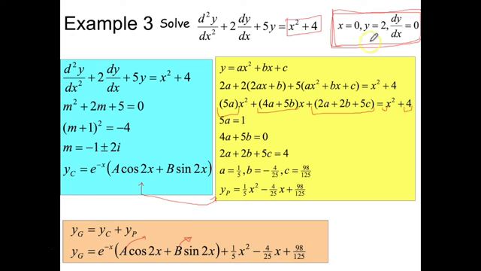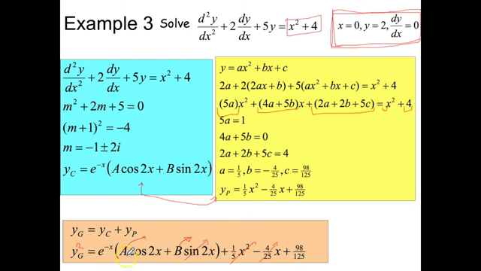First, we are told that when x is 0, y is 2. So we will have 2 here, and then when x is 0, cos 0 will be 1. Sine 0 is 0, so this will go to 0. This is 0, this is 0.